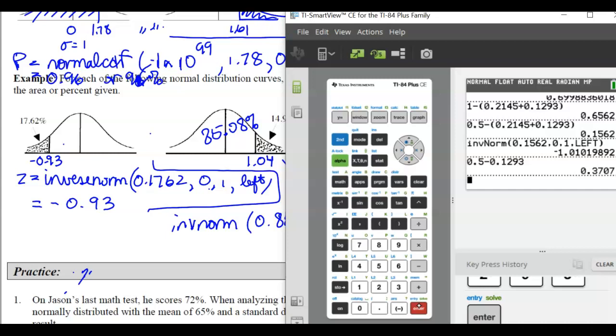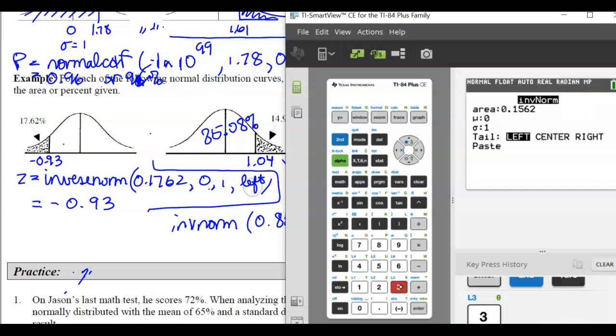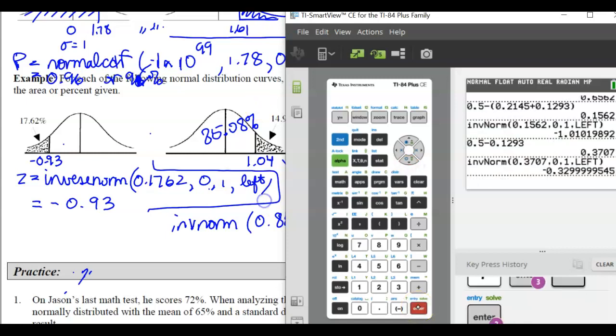If you don't have that left feature, you don't have to put that in your work. Okay, negative 0.33. Okay, so Z1, Z2.